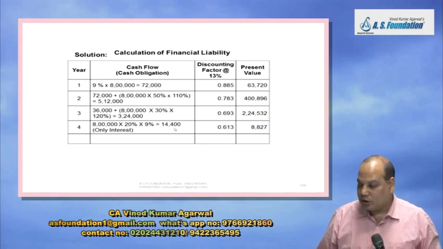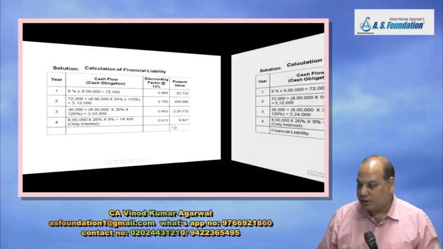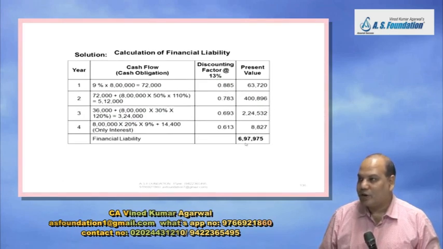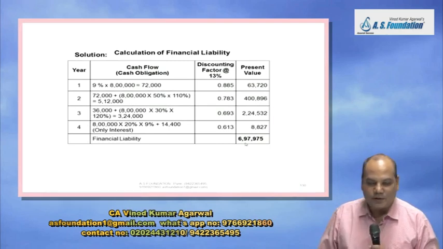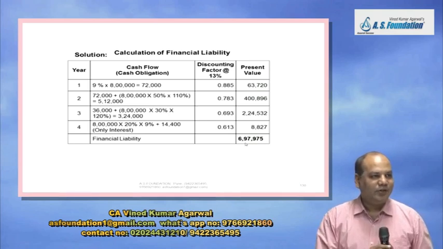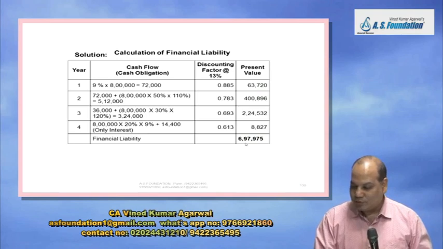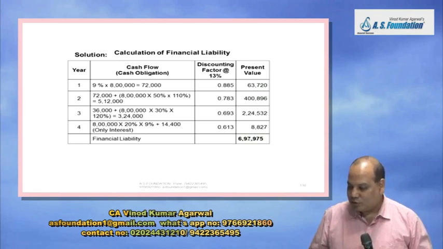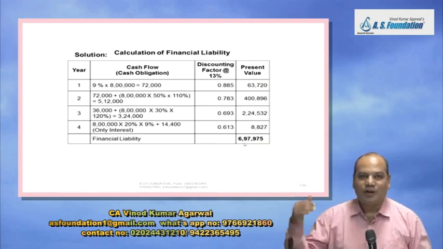And if you apply 13%, your liability is approximately 6,97,675. 698 is also welcome, but you are close to 697.